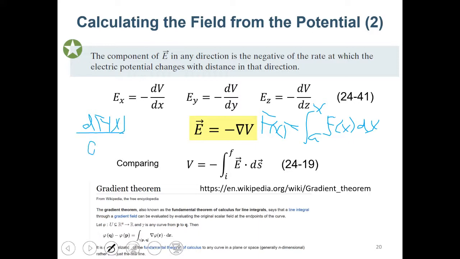For one variable, the derivative of capital F will be small f of x, and the integration of small f of x from a to x, maybe x prime here, will become capital F of x.